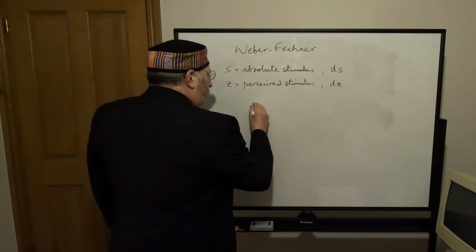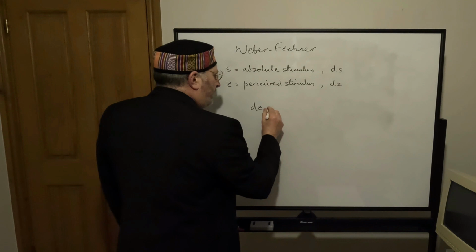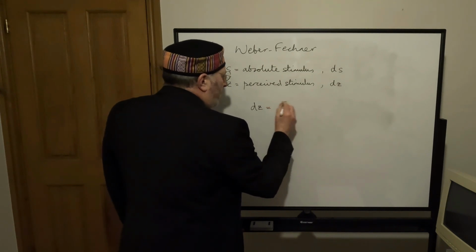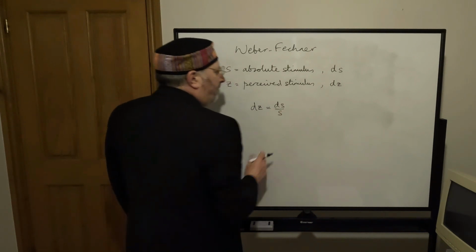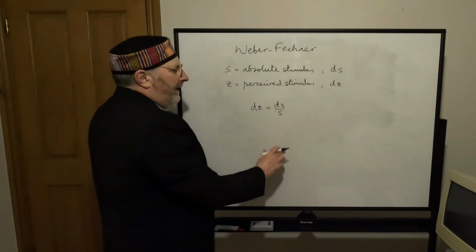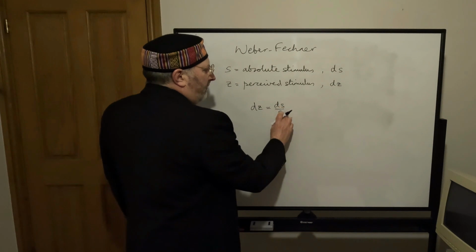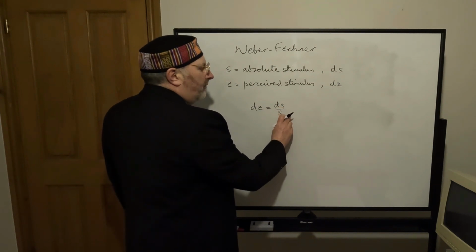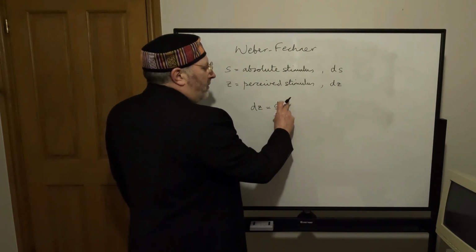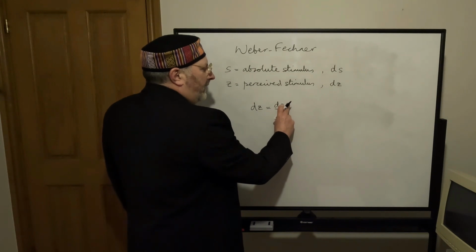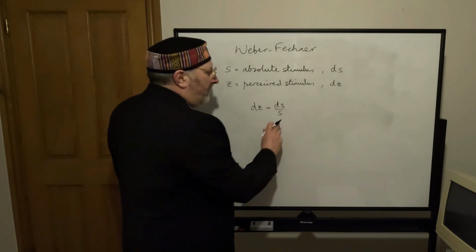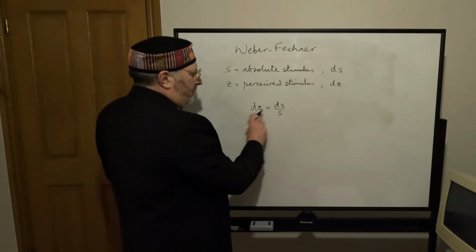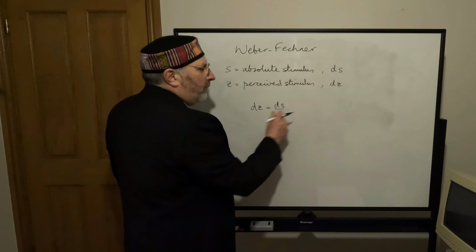So the change in our perception, the perceived change, is equal to the fraction as to what's already there. If S is 10 candles already and ds is one candle, that's 1/10, that's 10%, so the perceived change is going to be 0.1.